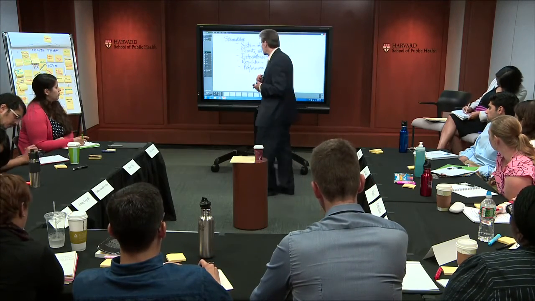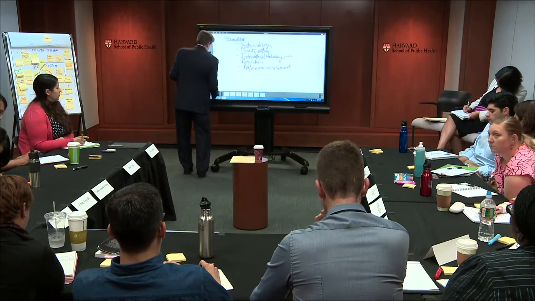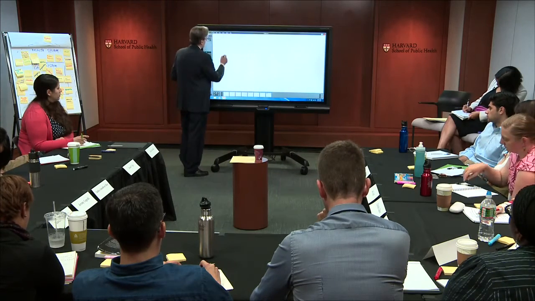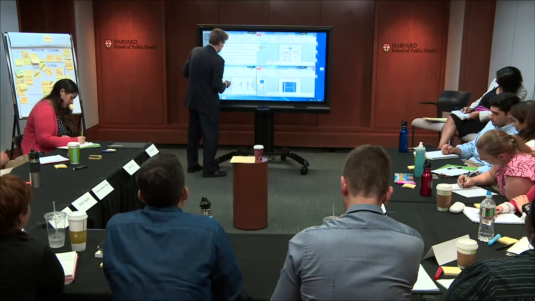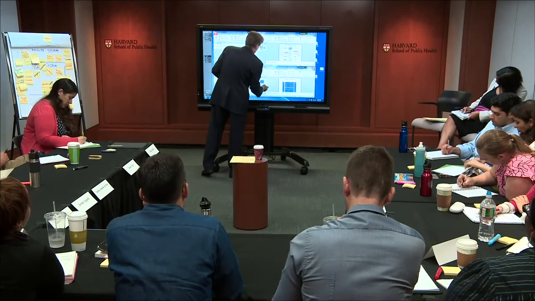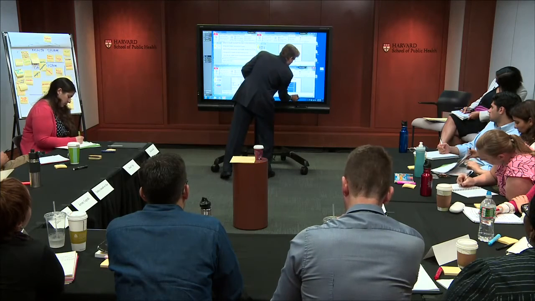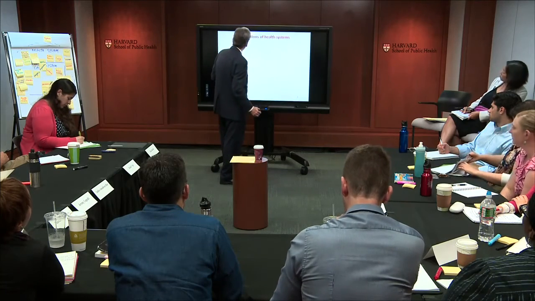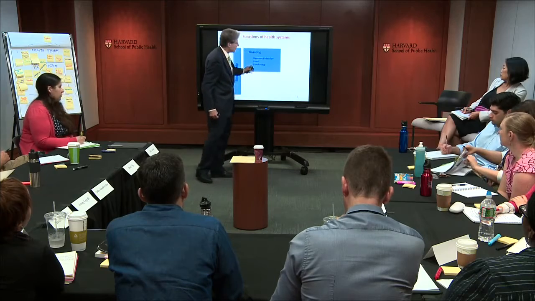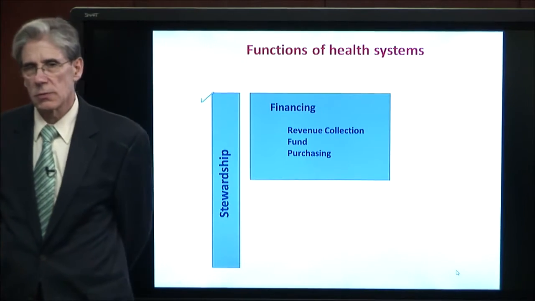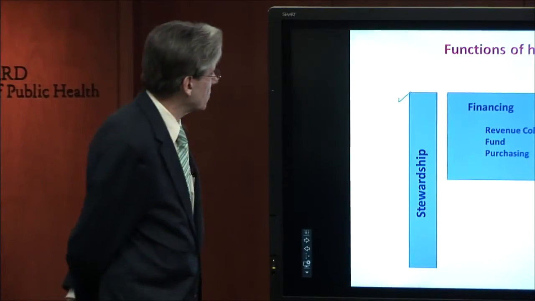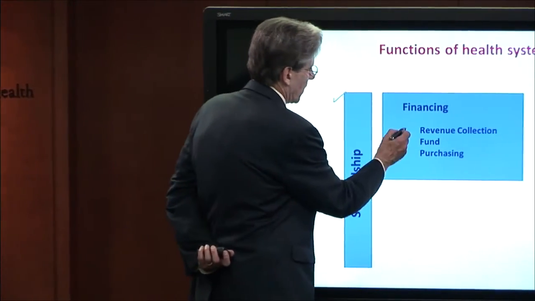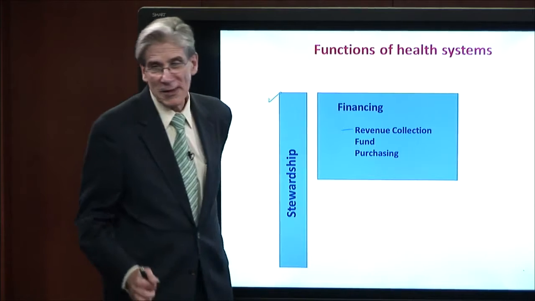So that's first function. Second, we talk about financing. And here, let me go back here. As you can see, financing has three sub-functions. Again, I'm just going to mention them because you will have whole courses on this. The first one is revenue collection.